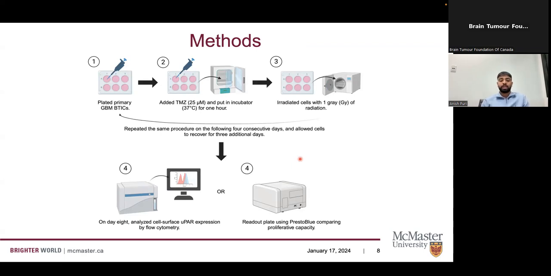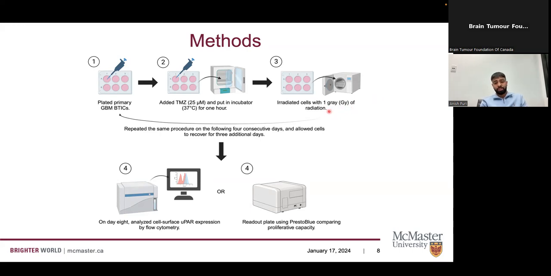As I had explained prior, the surgical resection often occurs after presentation on an MRI, so the patient has not received any temozolomide or radiation because the diagnosis usually occurs after the actual resection of the tumor. After plating these GBM BTICs, we added the temozolomide at a very particular concentration and left it in the incubator for 1 hour. And then we used our irradiator to irradiate the cells with 1 gray of radiation.